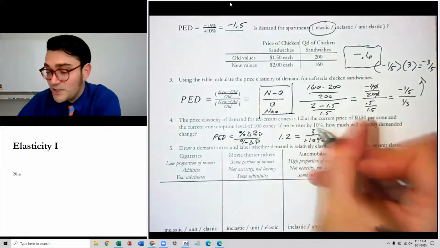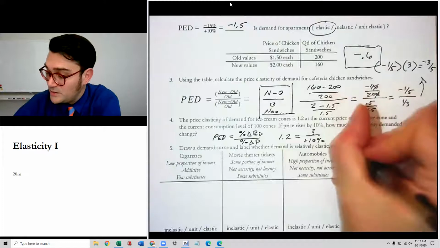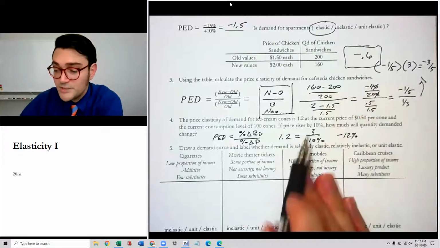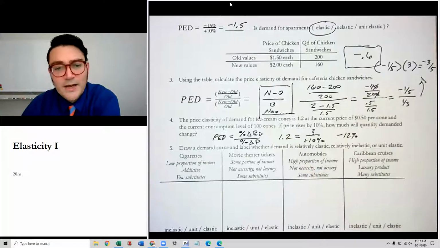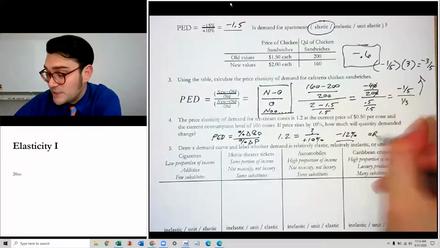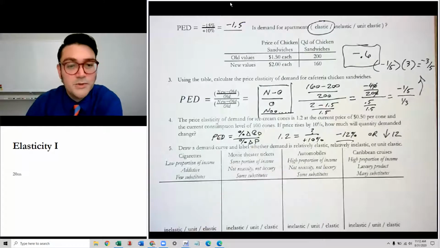So what would have to be in the numerator to give us 1.2? Well, it would have to be negative 12%, right, for that to be true. And if we're at 100 right now, the quantity demand, we could say it will go down by negative 12%, or you could just say decrease by 12, because we started at 100 ice cream cones.